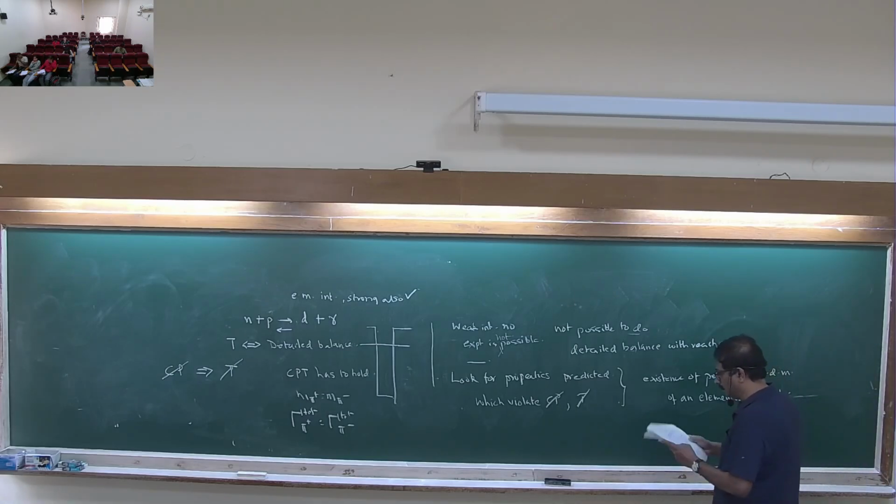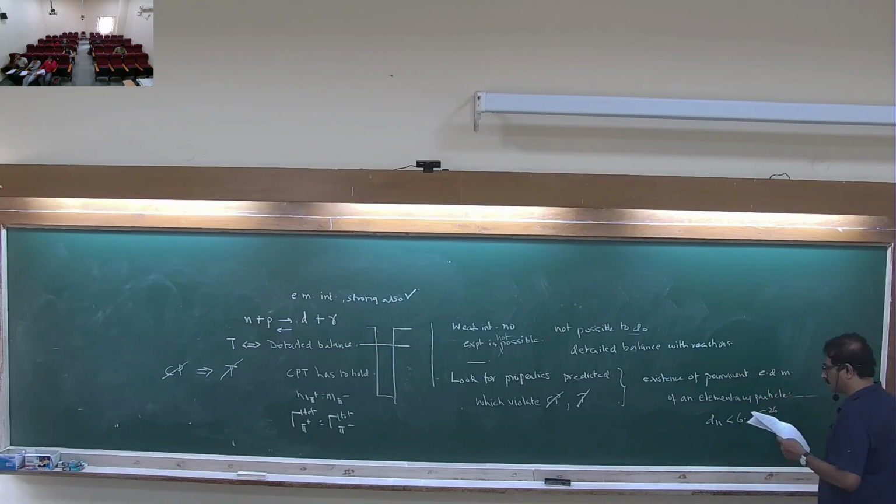So the measurements according to Griffiths, there must be new numbers now. This is now bounded from above by 6 times 10 to the minus 26 e centimeters.